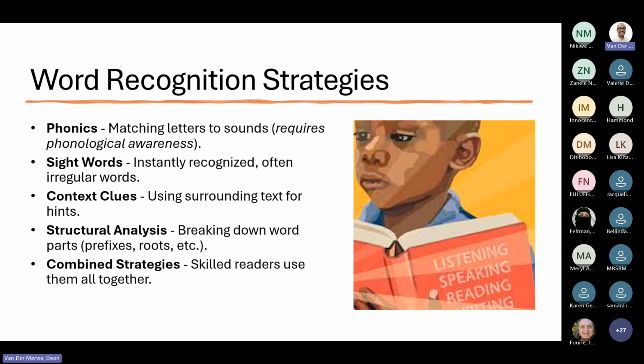So if the foundation is laid quite strongly, it really prepares learners to take on the challenges that come with secondary school experiences in terms of language.